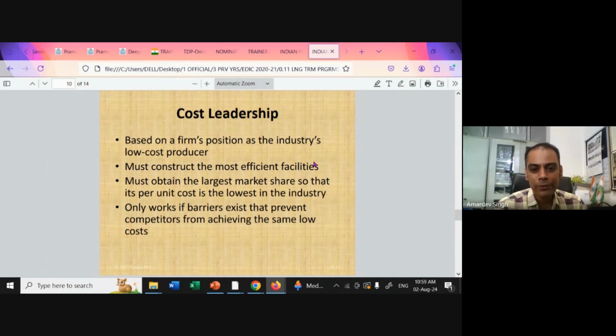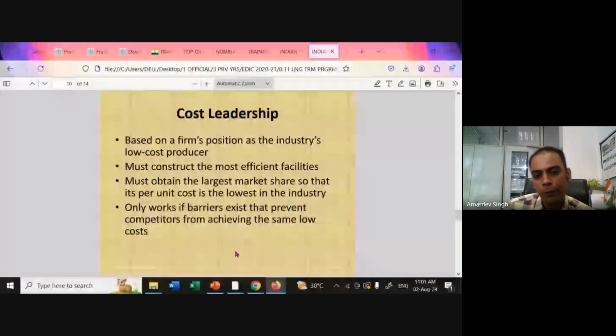It means you must construct the most efficient facilities, you must obtain the largest market share so that its per unit cost is lowest in the industry. And also it only works if barriers exist that prevent competitors from achieving the same low cost. Like government, there are certain government policies or regulations that are supportive of you, not the other company.